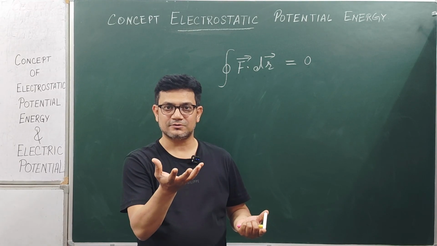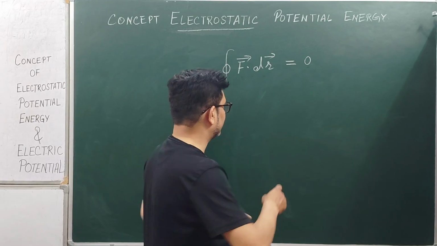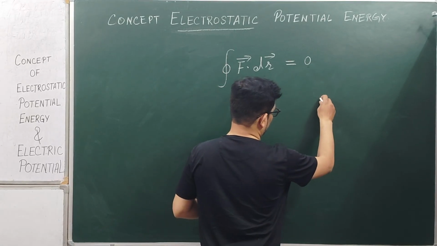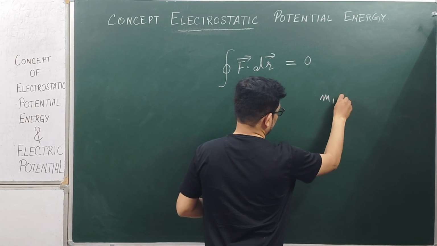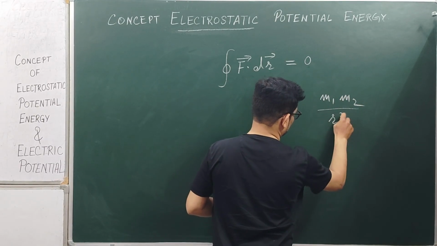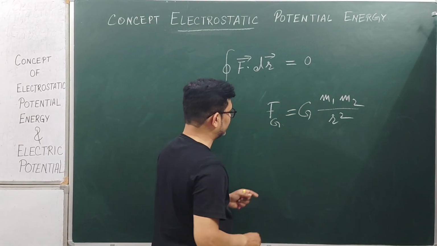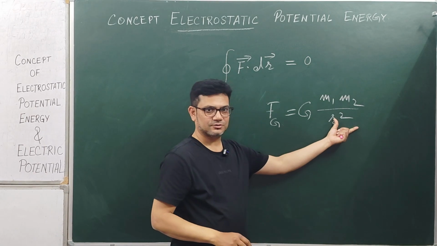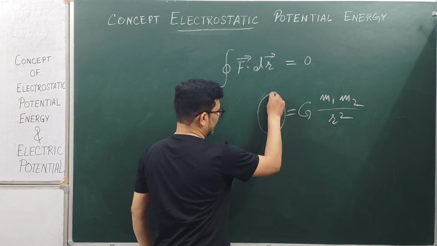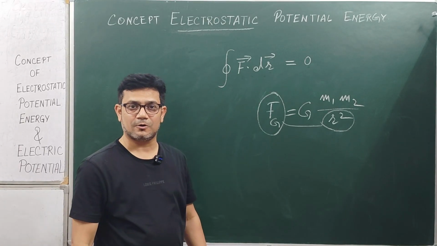From Newton's gravitational law, if the masses are m1 and m2, then the product of masses over r square gives the force of gravity. So this force of gravity is inversely related in this way. It's an inverse square law.